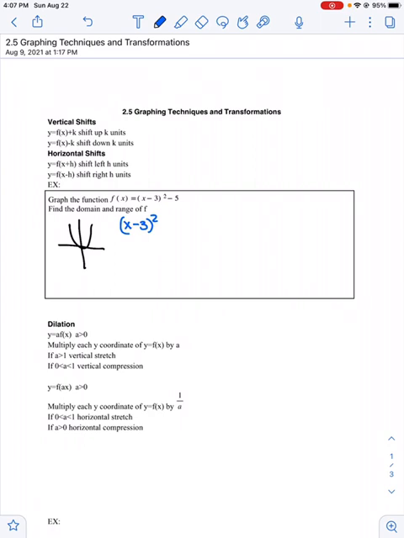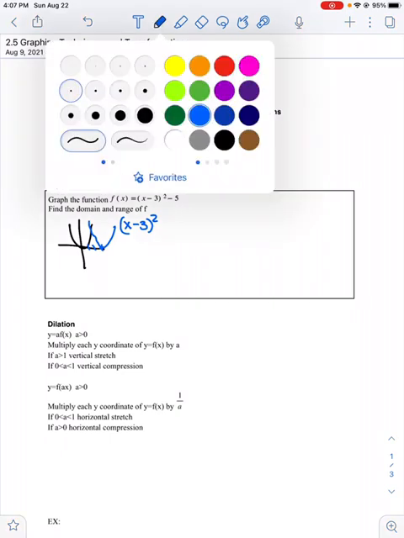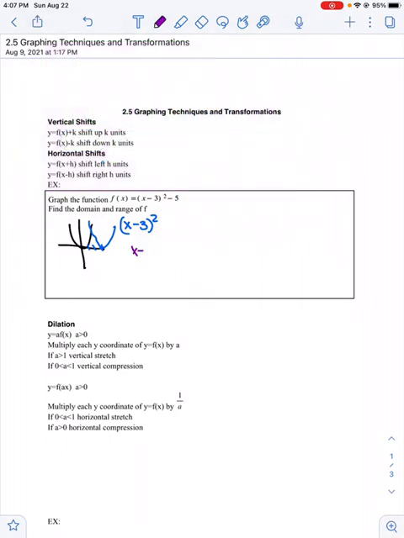So I'm going to actually go plus 3 in the x direction. And then my minus 5, I'm going to move 5 down in the y. So here, and then graph. So our purple one is the final graph.